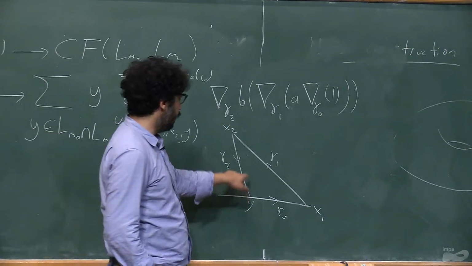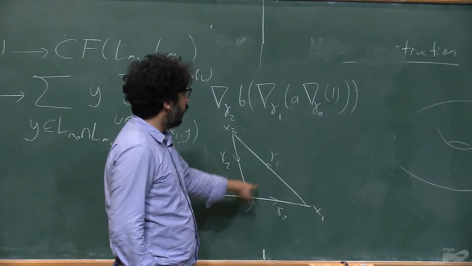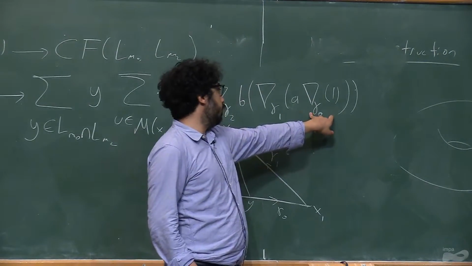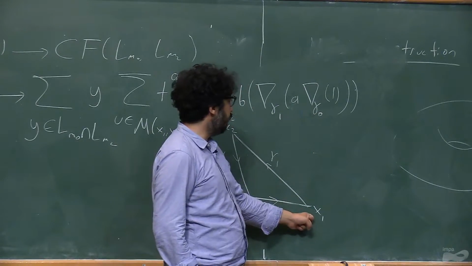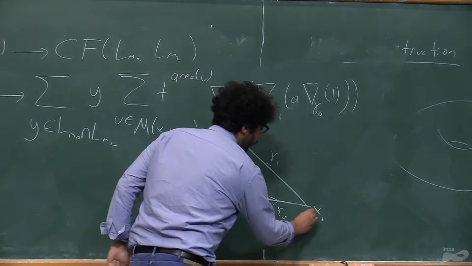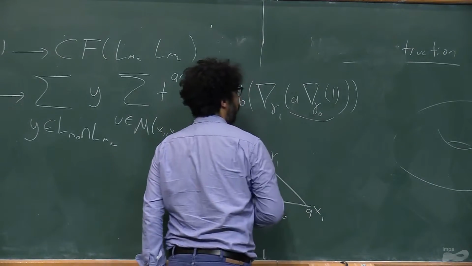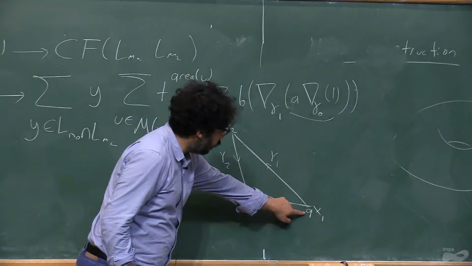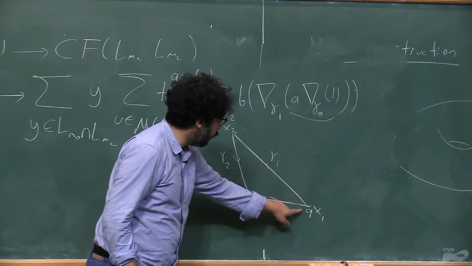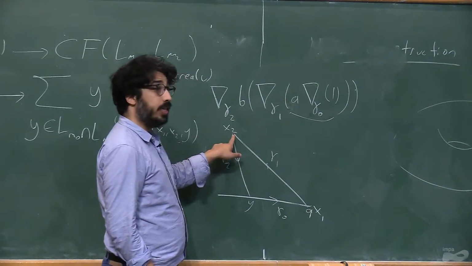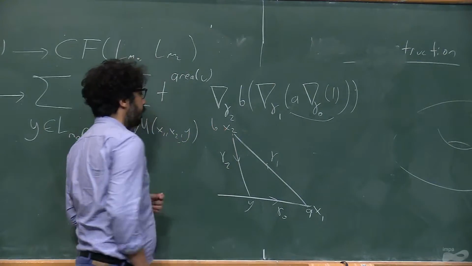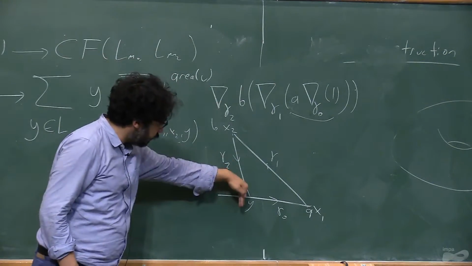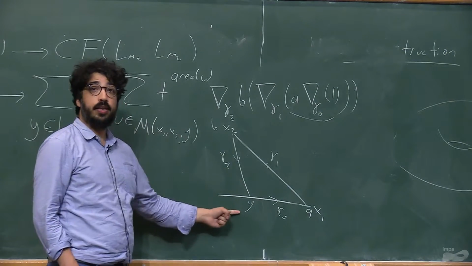We start here with 1, and we apply this. This doesn't do anything. This just goes, because it's a ring isomorphism, right? So it goes to 1 here. But now there is an a here, so this is a. And then you apply the ring isomorphism from gamma 1 and see where it sends a, okay? And then you apply b here. And then you apply the ring isomorphism back, and then you get what you get.